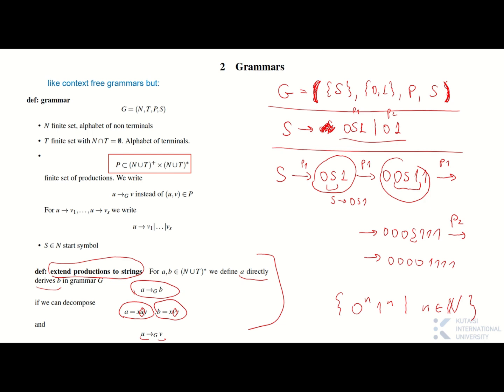This grammar generates it with very simple rules. Rule 1 and rule 2, you can program them on your computer to generate strings like this, and you will generate this language. But somehow we proved that you can never construct a DFA that accepts this.